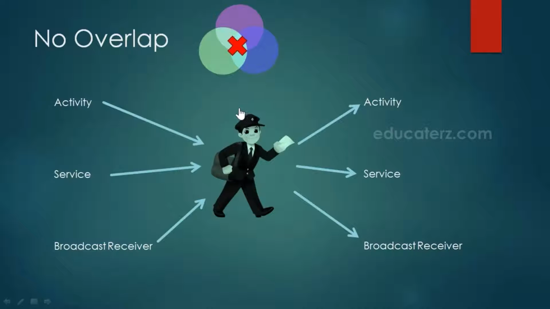The major advantage with intents is that there is no overlap. If you send an intent to an activity, it is delivered only to the activity. If you send an intent to a service, it is delivered only to the service, neither to an activity nor to a broadcast receiver. In the same way, if you send an intent to a broadcast receiver, it reaches only the broadcast receiver.